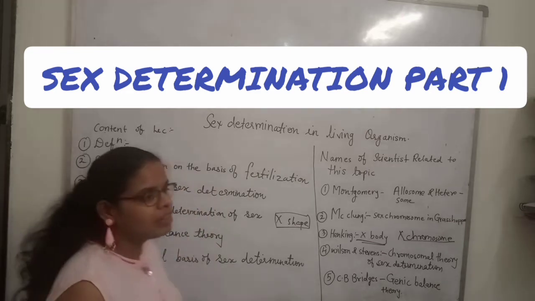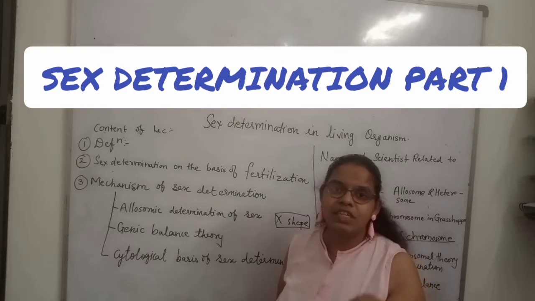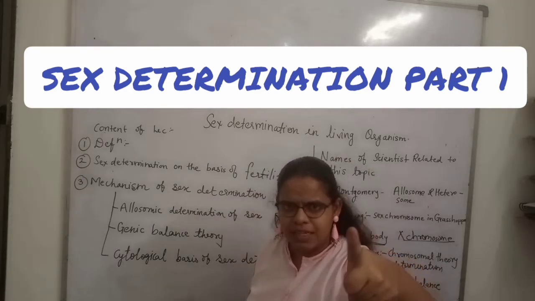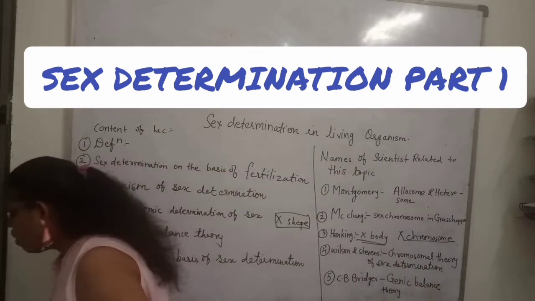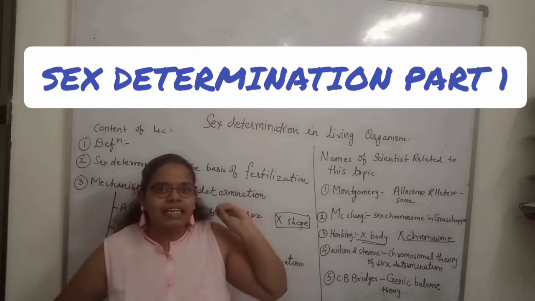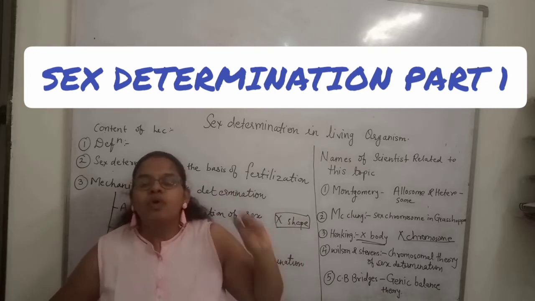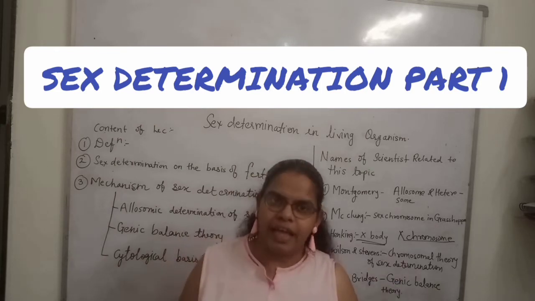So first we go with the definition of sex determination. What is sex determination? It is an essential process of establishment of sex through various mechanisms in the early stage of life.